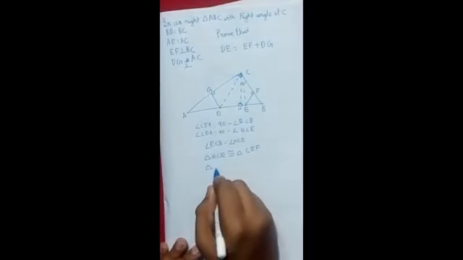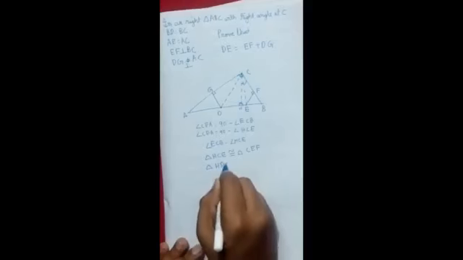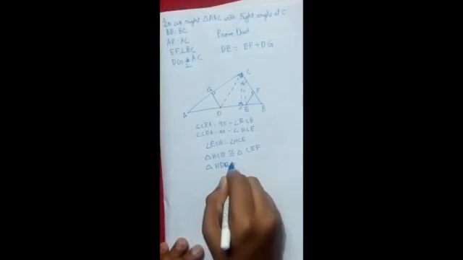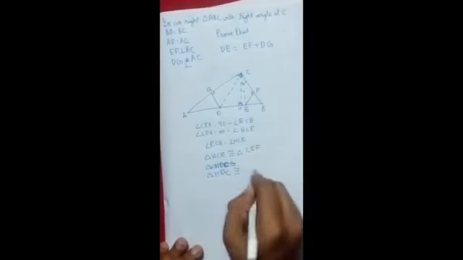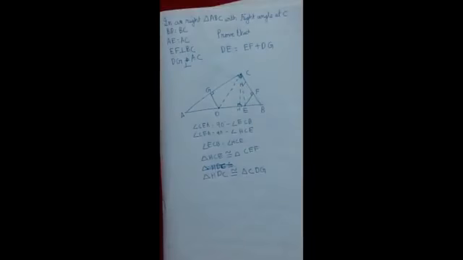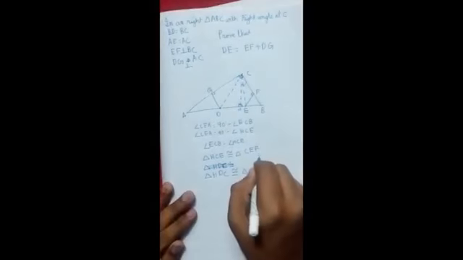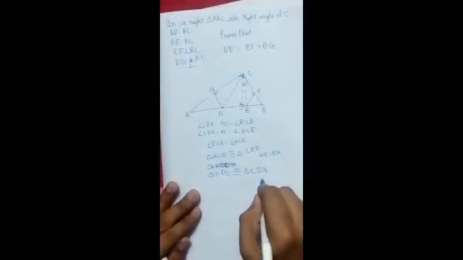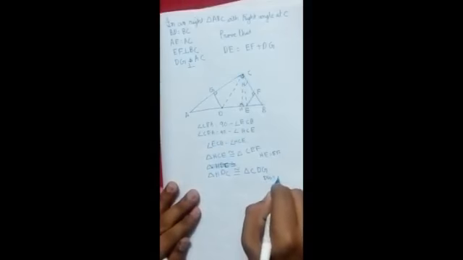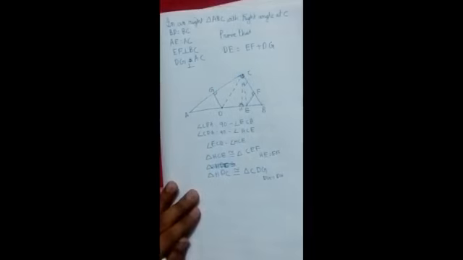And similarly, triangle HDC is congruent to triangle CDG. Now here we get the conclusion HE is equal to EF. Here we get DG is equal to DH by CPCT rule.